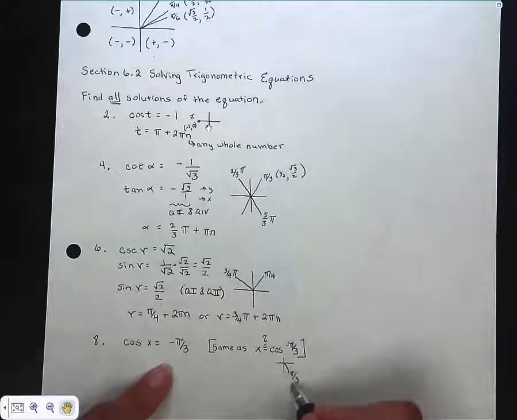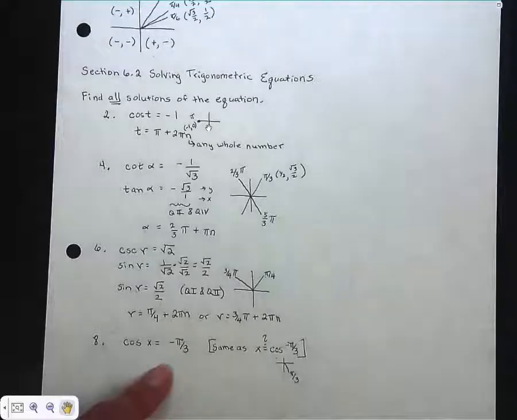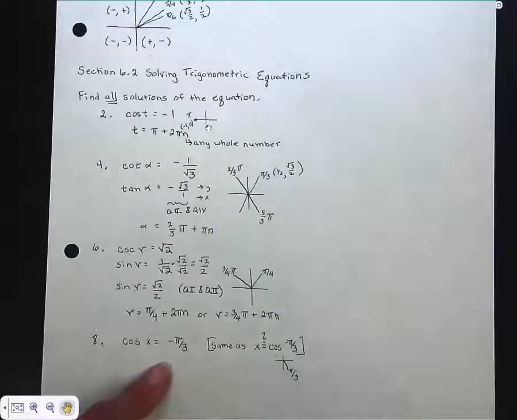And I could tell you the cosine of negative pi over 3. I could tell you what x would be right there. It would be a half. Cosine of negative pi over 3 is a half.